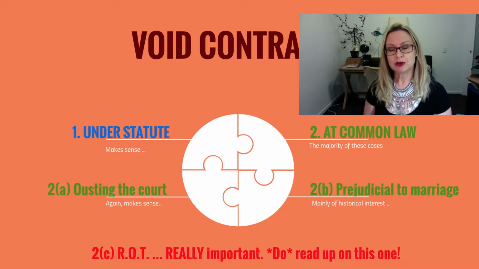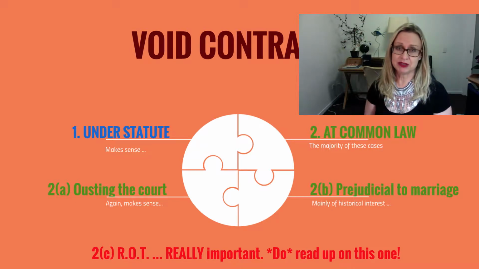We'll also look at void contracts at common law. Now there's 3 little parts to that. 2 of these we'll discover here in this orange section. And they deal with contracts purporting to oust the jurisdiction of the court, and contracts prejudicial to marriage. And then we'll, in a separate section, look at restraints of trade.